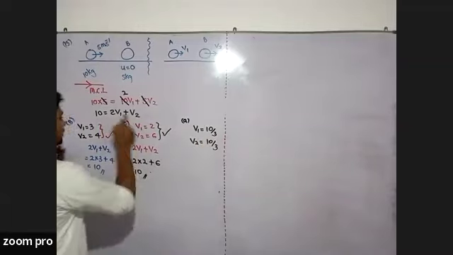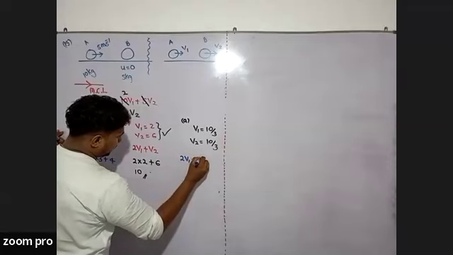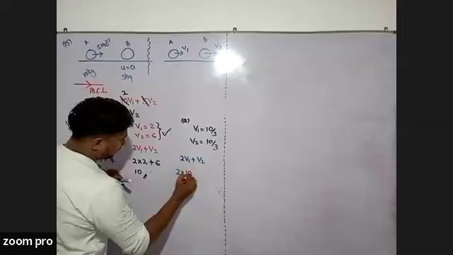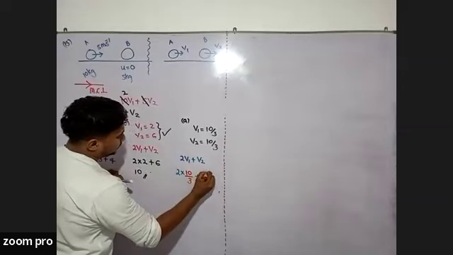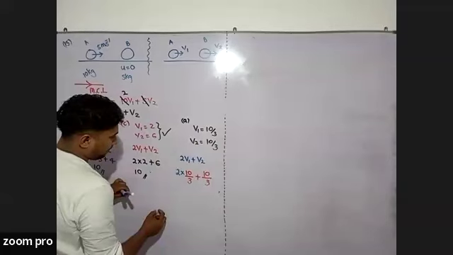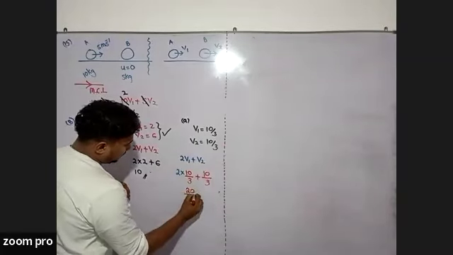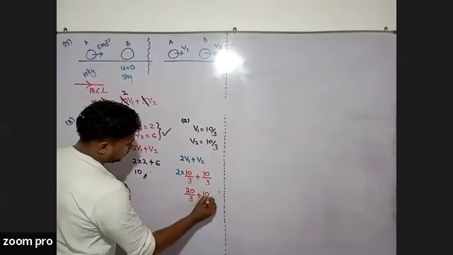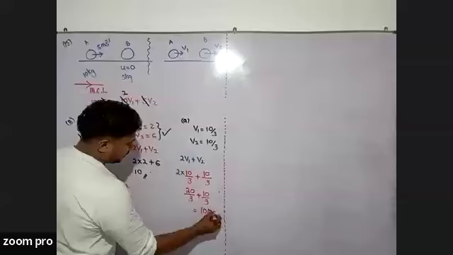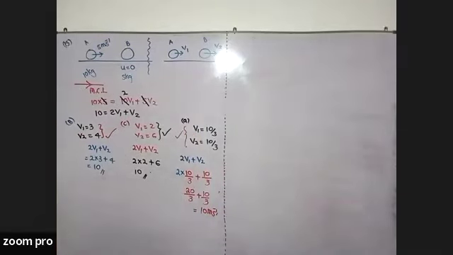Let's substitute this into the equation 2V1 plus V2. 2V1 meaning 10 over 3 plus 10 over 3, so 20 over 3 plus 10 over 3, which means the answer should be 30 over 3, meaning 10. Alright, sorry. This one also can be considered as a correct answer, right?